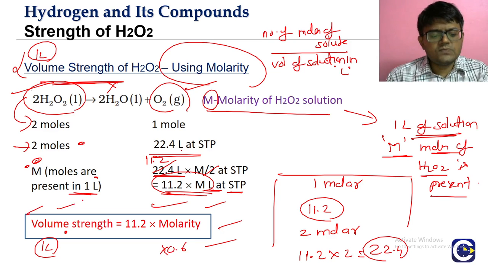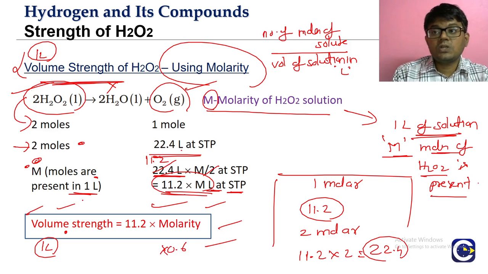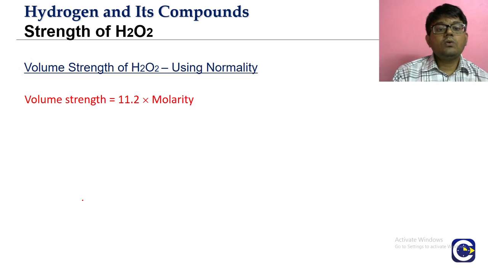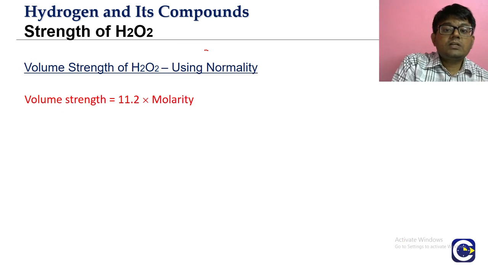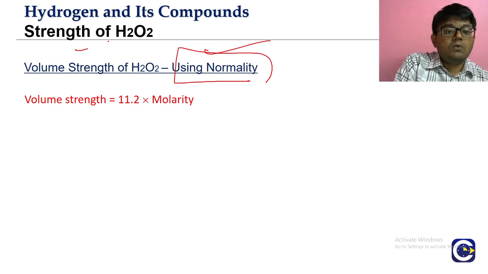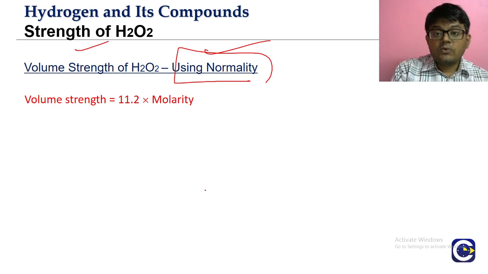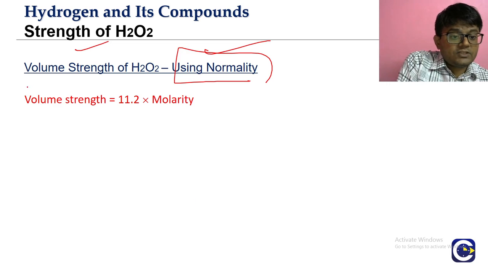So we got the formula, we have to remember it. Using this we will be able to do the conversion. This is how we will convert molarity into the volume strength. Okay, now we will look at the conversion of normality into the volume strength. But before we do that, we are going to do it based upon this formula.